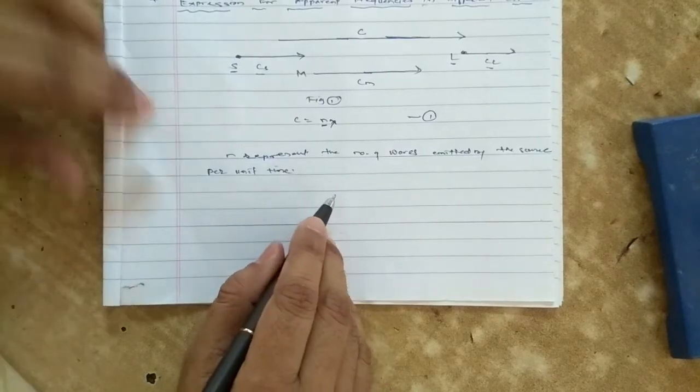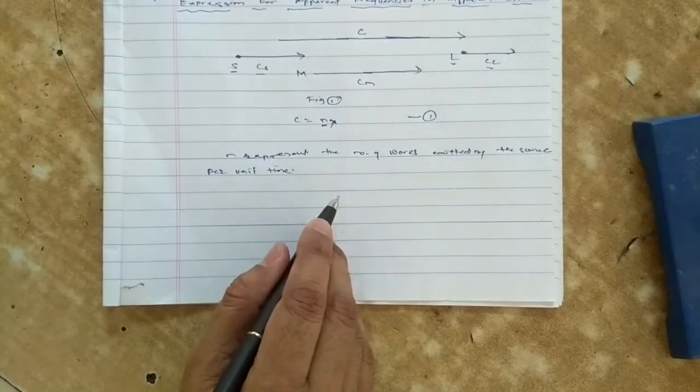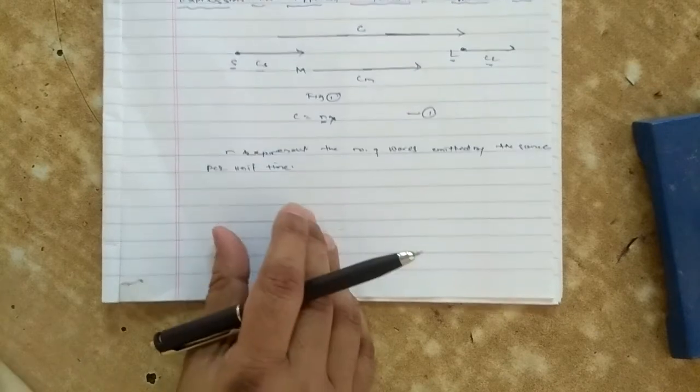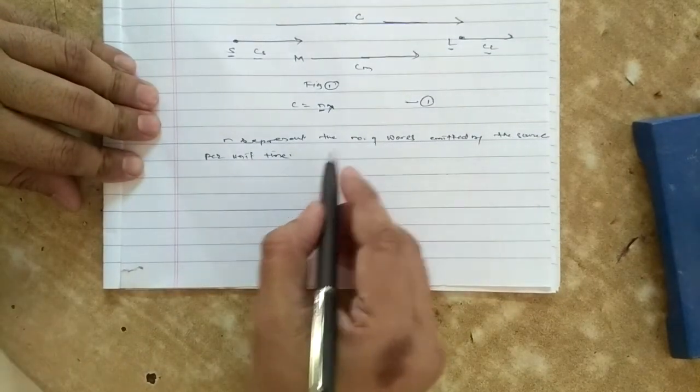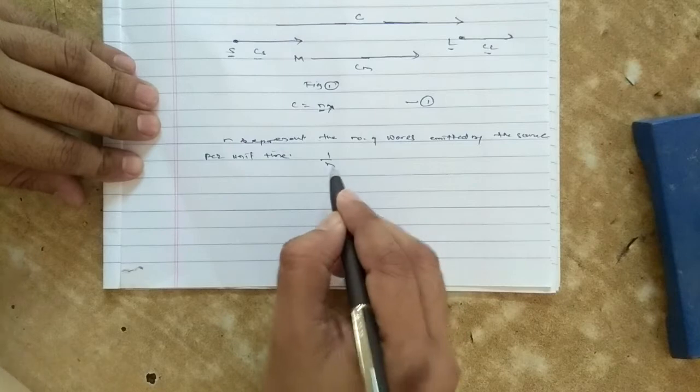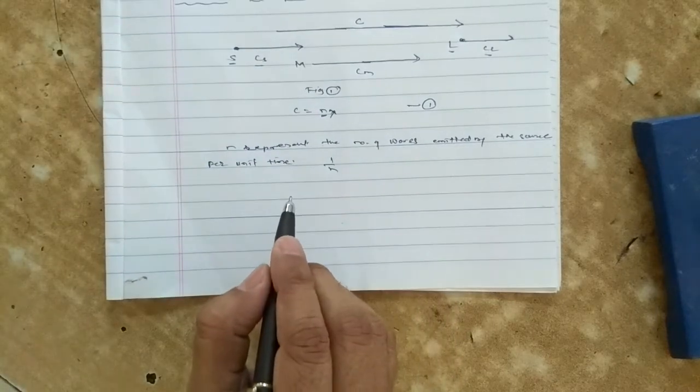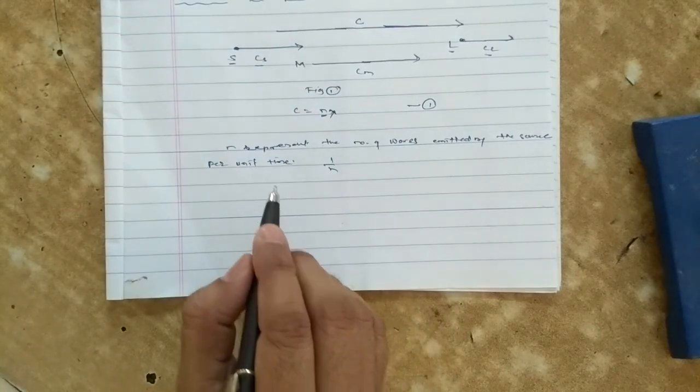Therefore the time interval between the emission of the two successive waves will be 1 upon n.